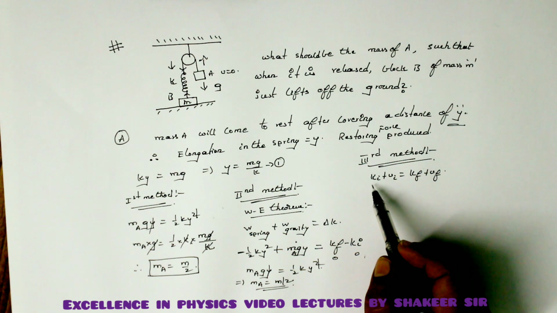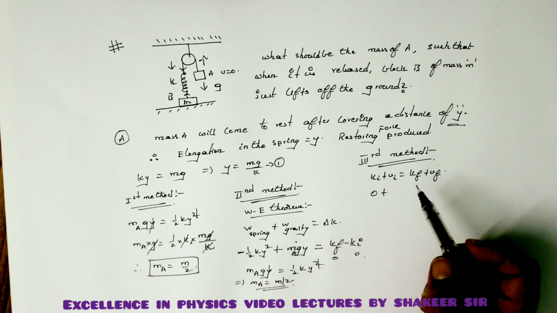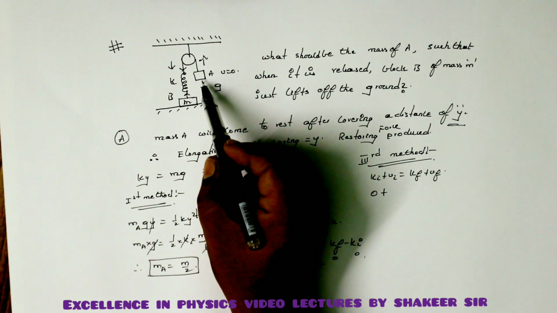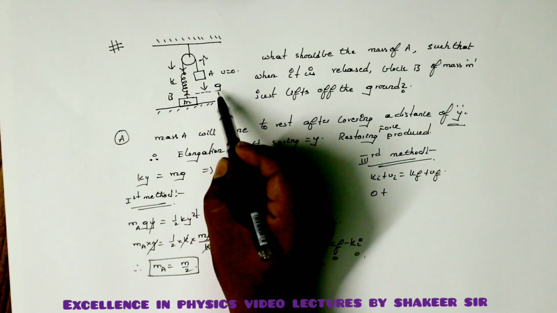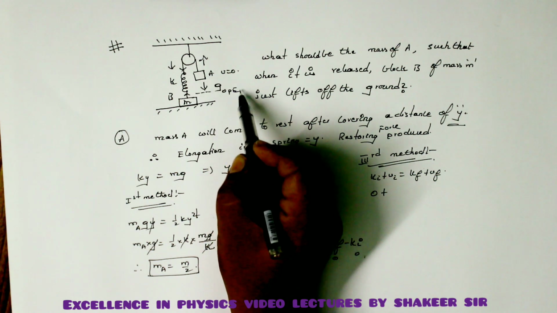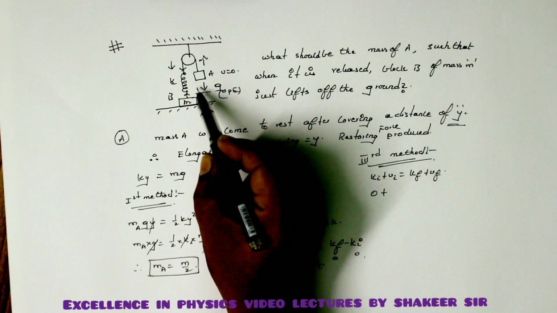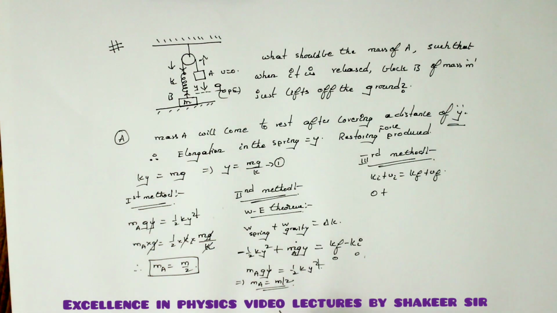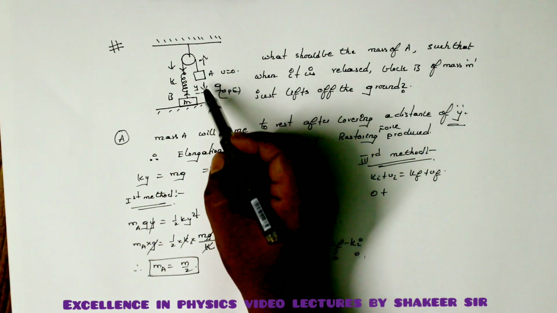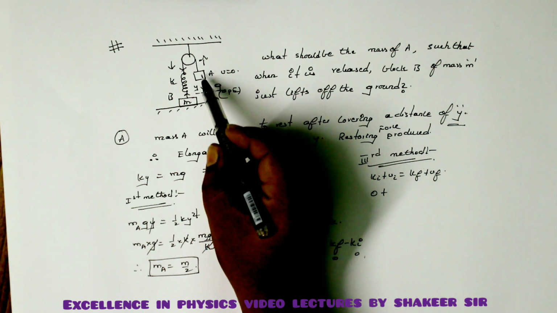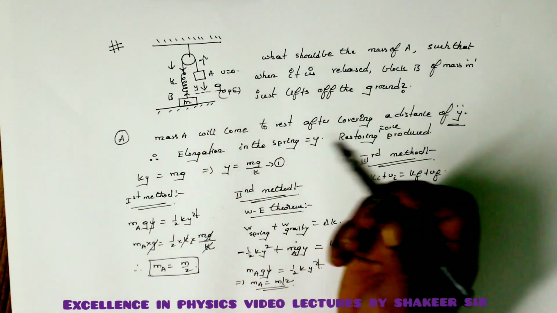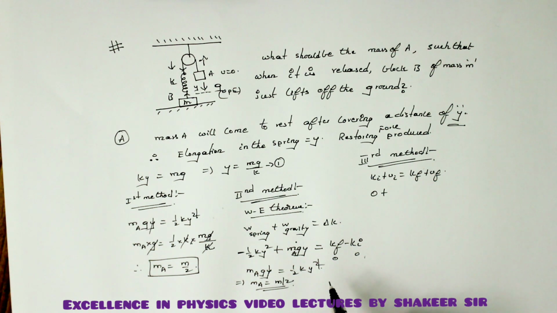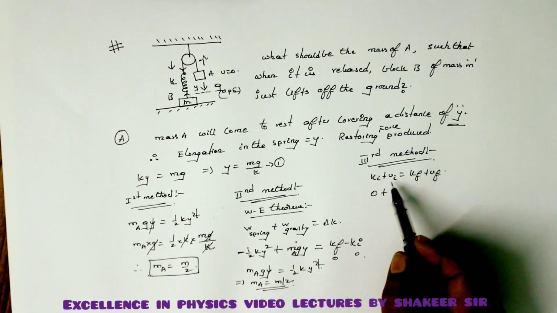Just as we have discussed, the initial kinetic energy is 0. So initial potential energy exists only for this mass. If I take this as my 0 potential energy position, where this mass will finally reach at a displacement of y, then when compared to this point, this body has lost some potential energy of how much?